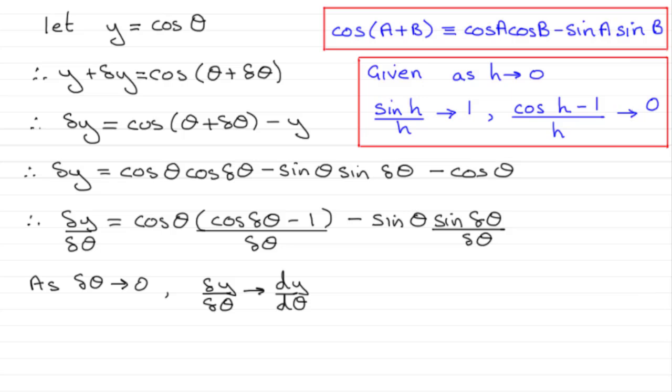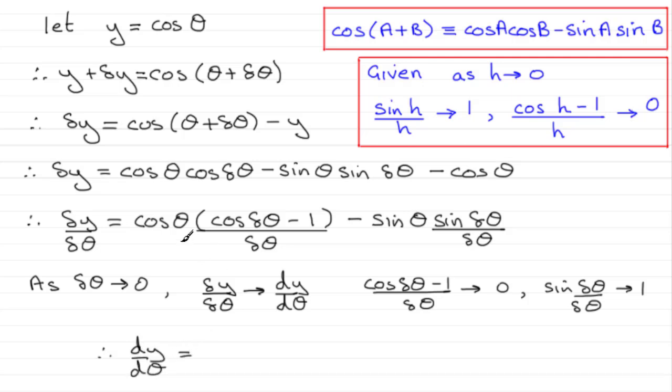So putting those results down, we can see then that dy by d theta is going to equal, well, for this part it's going to be cosine theta multiplied by 0, that's going to be 0, and then here we just end up with minus sine theta multiplied with 1, so that's going to give minus sine theta.